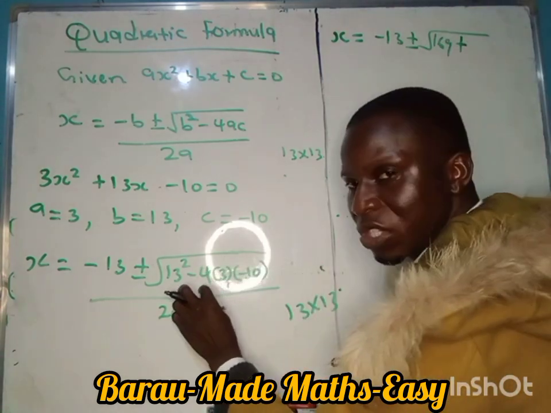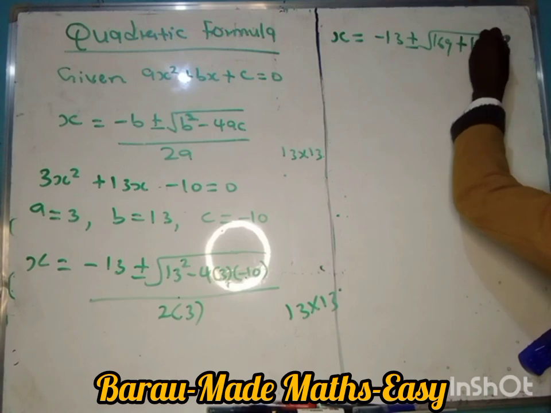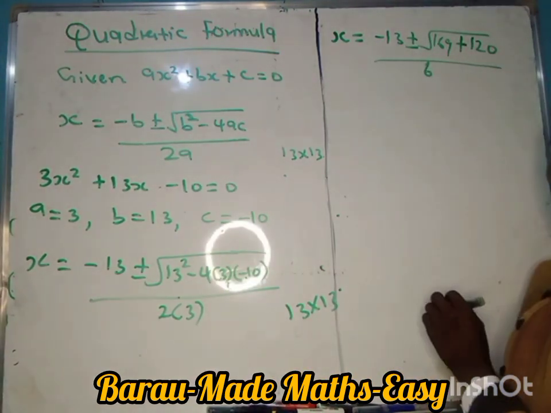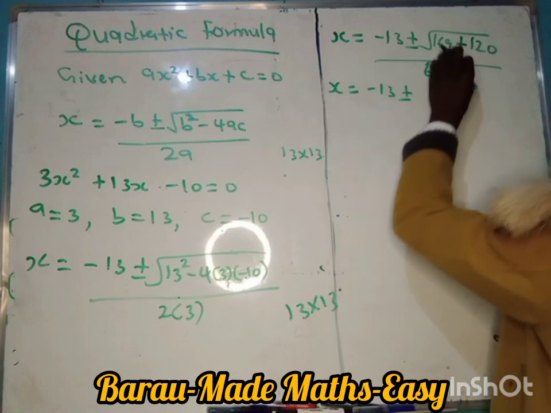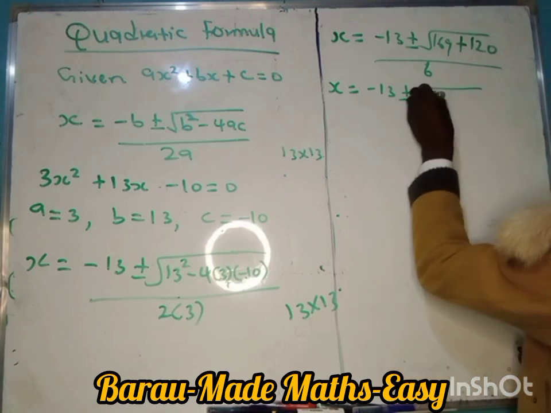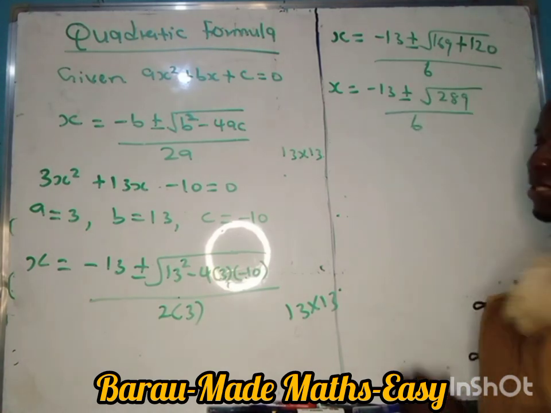And when you multiply the three numbers, 4 by 3 by 10, you will have the answer as 120. Divide everything by 2 times 3, which is 6. So our x will now be negative 13 plus or minus the root of, when you sum 169 with 120, you have the answer as 289. Divide by 6.